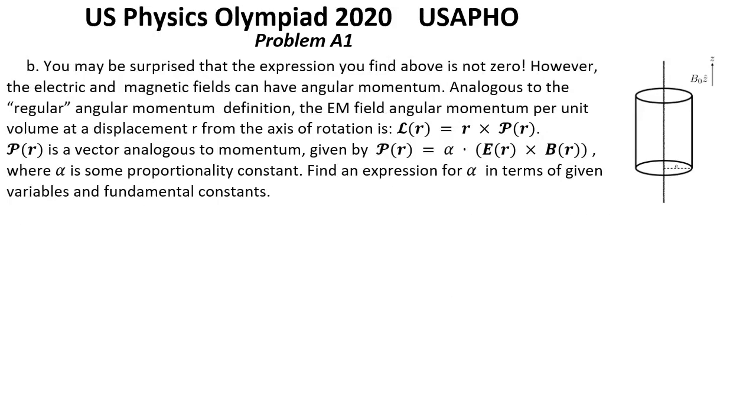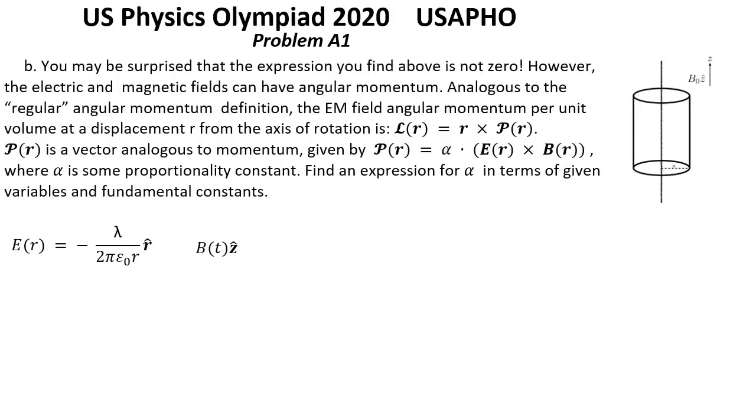Solution for question B. In our case, the electric field created by the central wire is negative lambda over 2 pi epsilon 0 r multiplied by the unit vector in the direction from the wire, and the magnetic field is just B as a function of t in the direction of z.